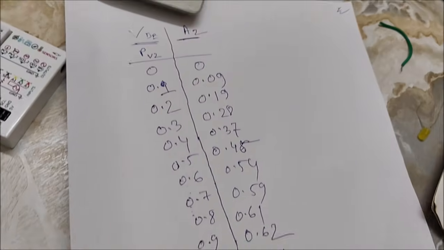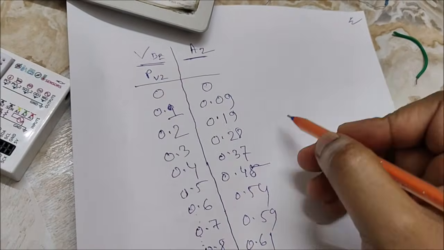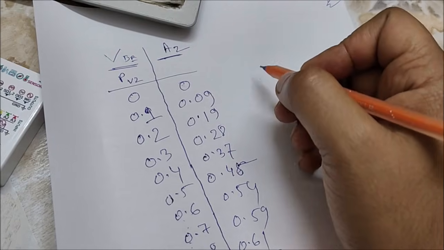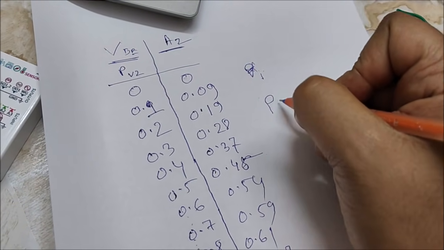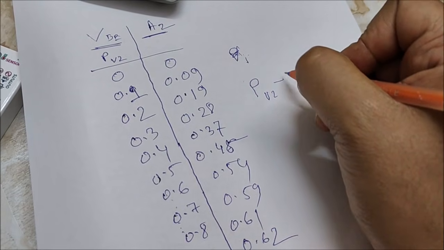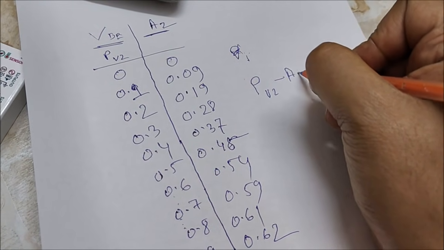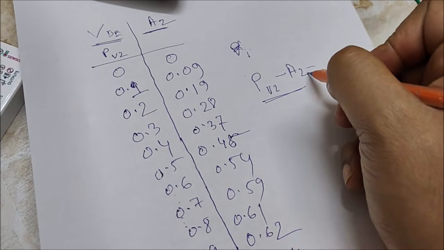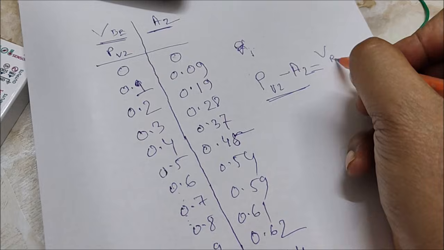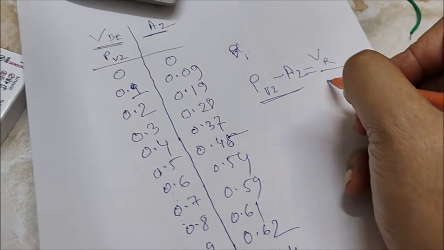Now from this data, what you have to do is subtract A2 from VBE. That means your PV2 minus A2. Why are we doing this? This is the voltage across the resistance, and you know the resistance is 100 kilo ohm.